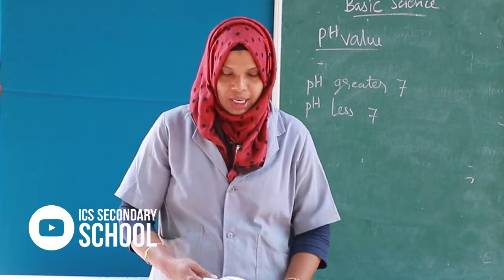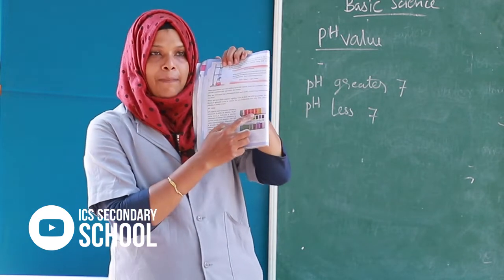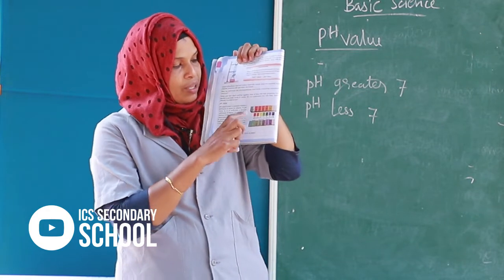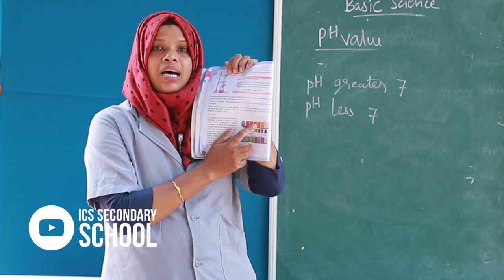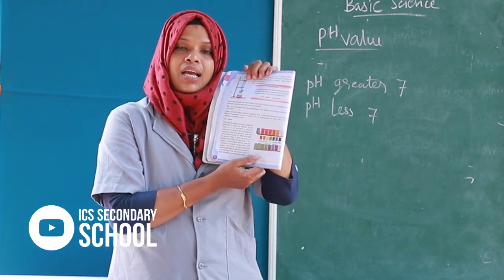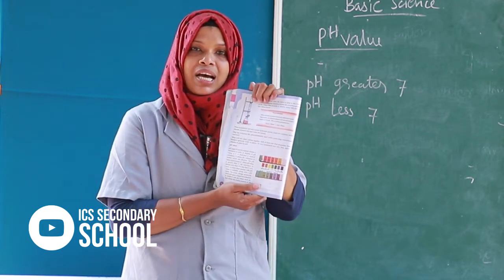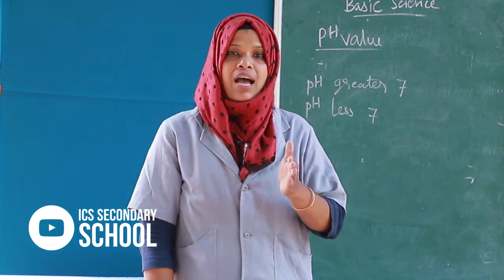This is the pH paper chart. By comparing the pH paper's color change with this chart, we can identify the pH value and then its nature, whether the substance is acidic or alkaline.